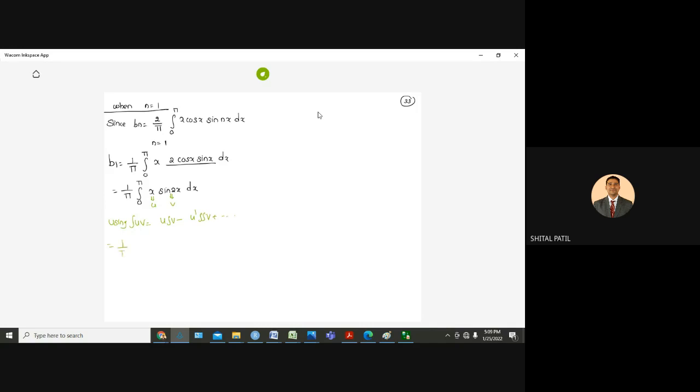Can I write it directly? Derivative of x is 1. Derivative of sine is minus cos, again minus sine. Upper limit.